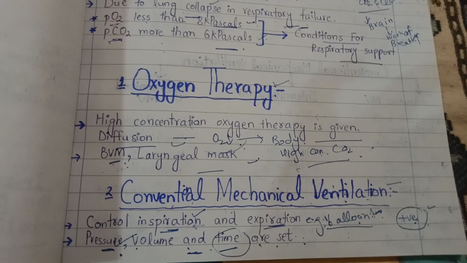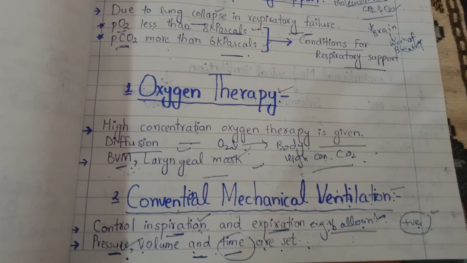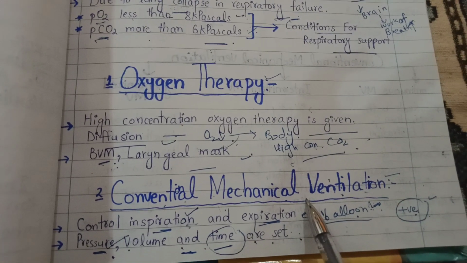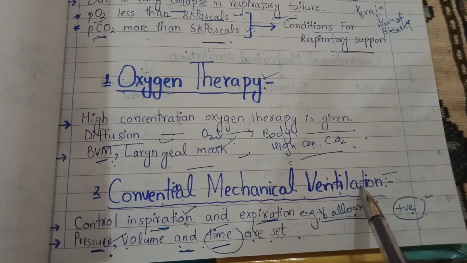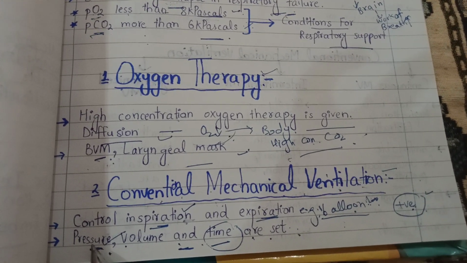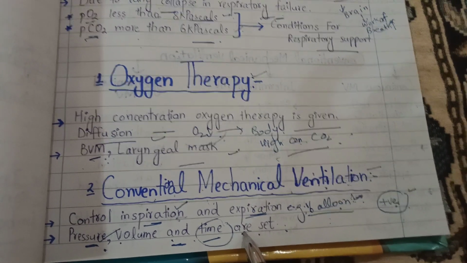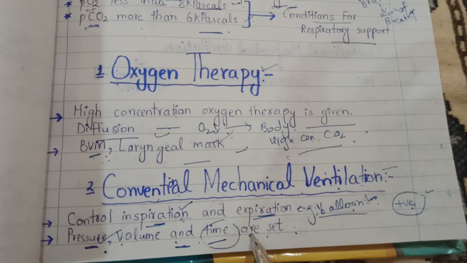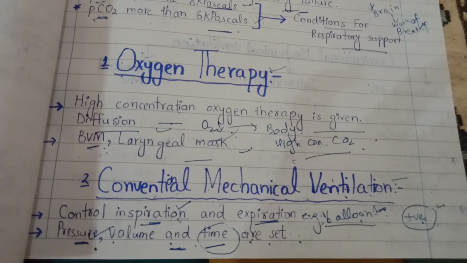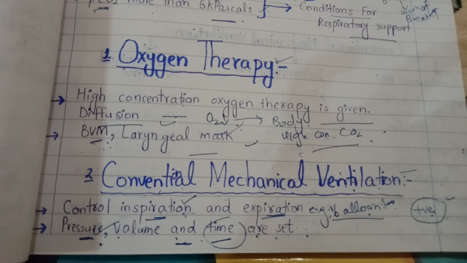Now the question is how much air we have to send into the lungs. To control the amount of air we are sending, conventional mechanical ventilation has parameters which are set on the machine. Pressure, volume and time are 3 parameters that are set on every mechanical ventilator.